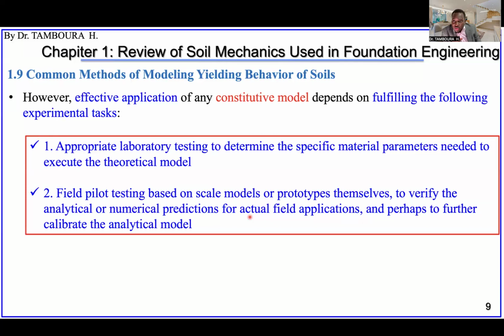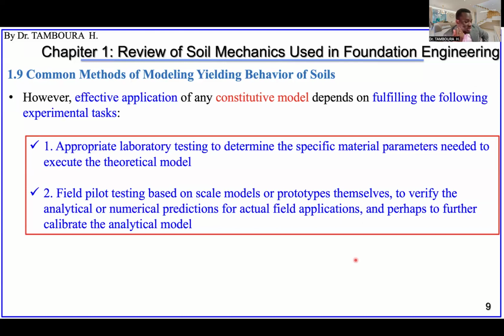Okay, in that case, maybe it will help you, for example, to change some parameter. That's why we are talking about a calibration. Okay, calibrate the analytical model, something like that. Do you understand?